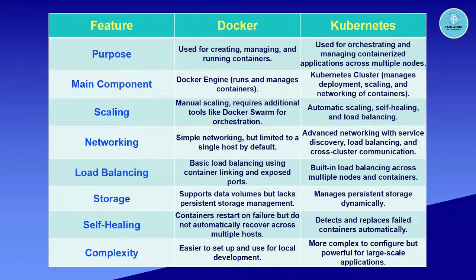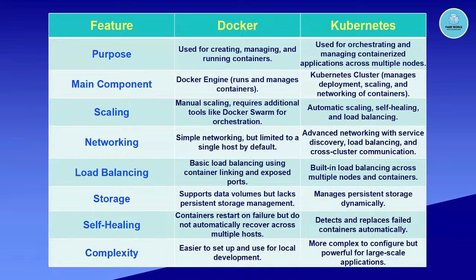In imagination, think of containers as being inside Kubernetes. Okay, so scaling: in Docker, manual scaling is there and it requires additional tools like Docker Swarm for orchestration. And in Kubernetes, automatic scaling, self-healing, and built-in load balancing are there. In Kubernetes, automatic scaling is there.